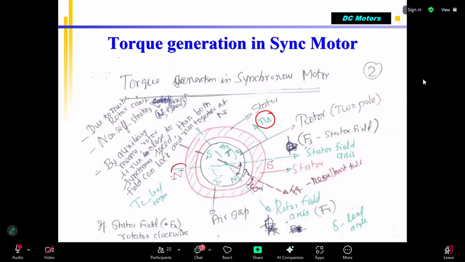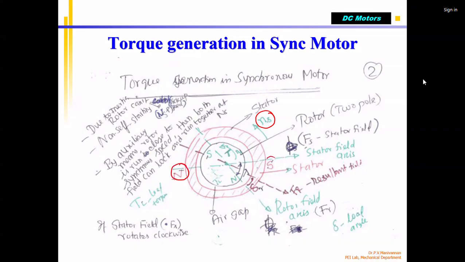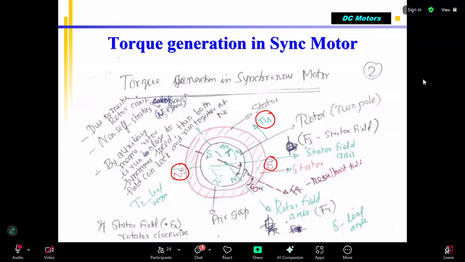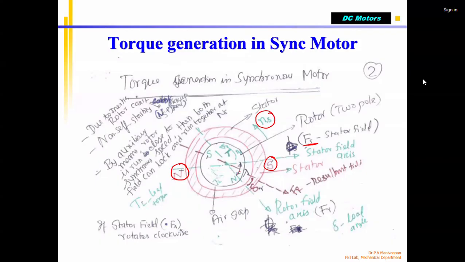This is the north pole of the stator winding. This is the south pole of this one. You can see that this red hatched one is the stator, on which there are three-phase coils, which we are supplying with R, Y, B three-phase voltage. At one given instant, this is the resultant, which is called the stator field, which we call Fs. Similarly, in the rotor we give a DC voltage, because of which north and south poles are created. You can see the north pole is here, this is the south pole, this is the north pole.